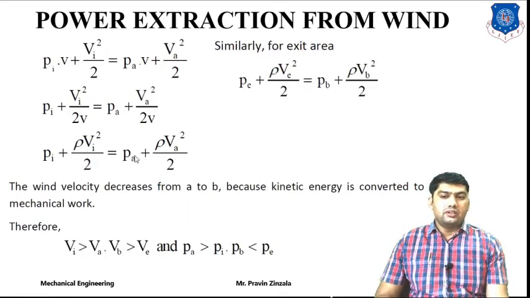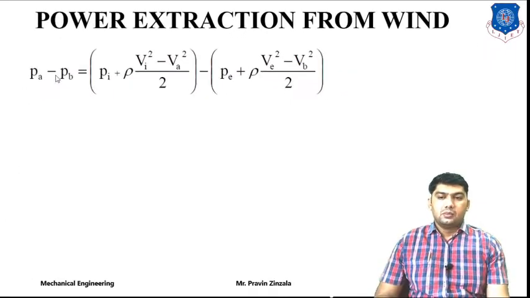So from both equations, we will get the final equation for PA minus PB. PA minus PB is equal to Pi plus rho Vi square minus Va square by 2, minus Pe plus rho Ve square minus VB square by 2.